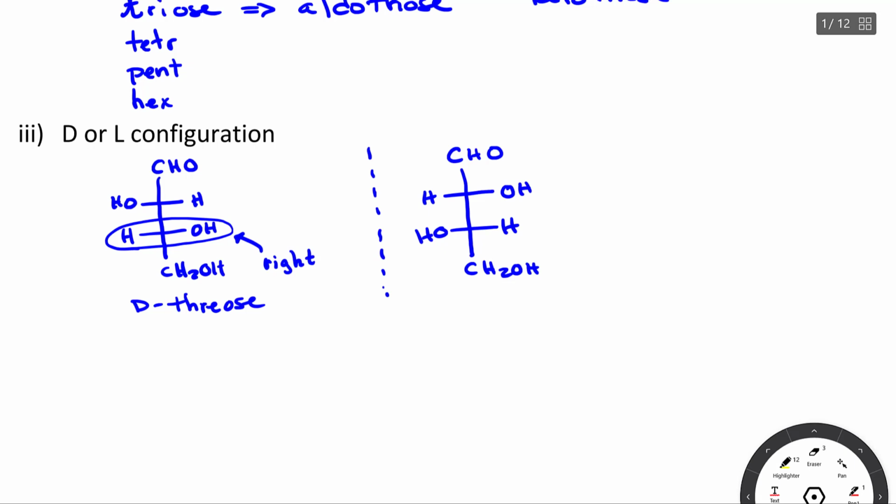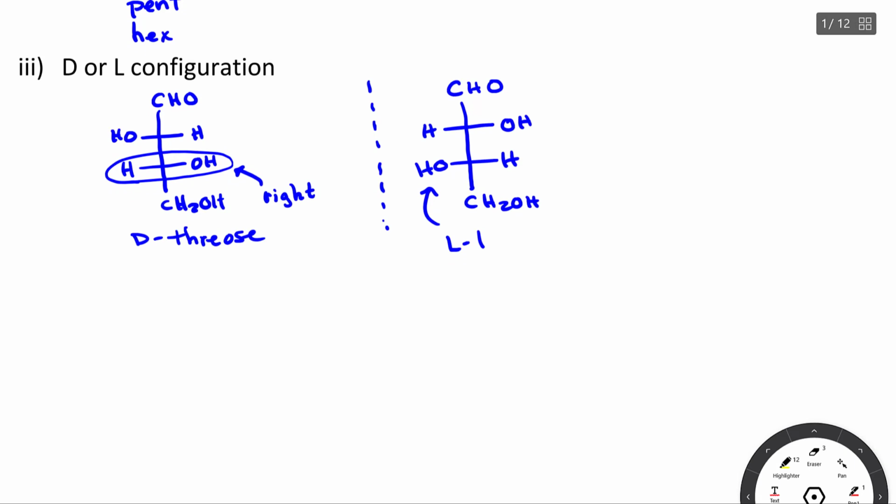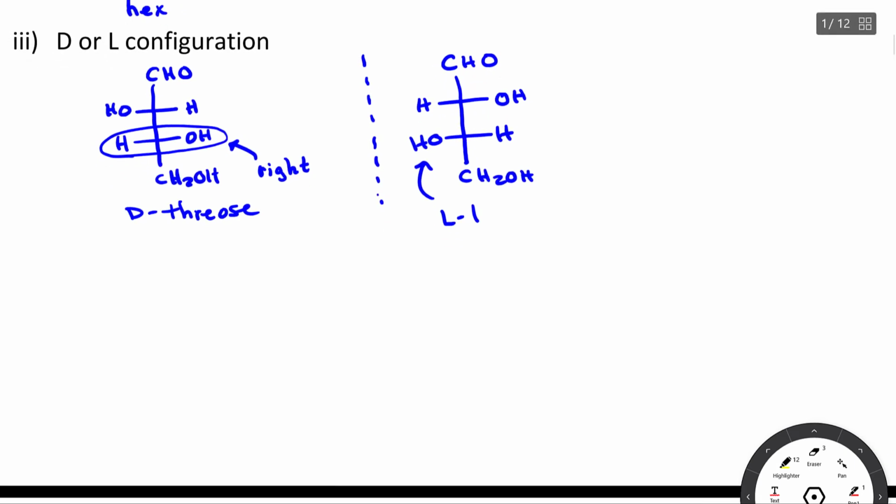So this would be L-threose. So this is to the left. D is for dextro, not to get confused with what we use in determining the specific rotation, where we talk about D and L and plus and minus, dextrorotatory. That's not what this D and L means. It just means the left and the right-hand sides. So this is L-threose.